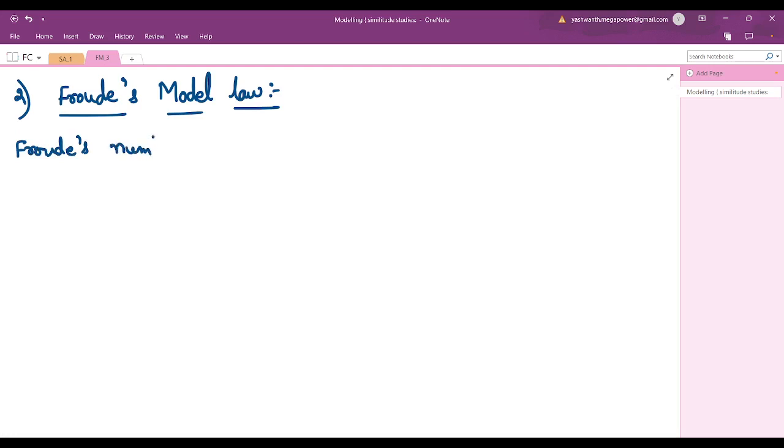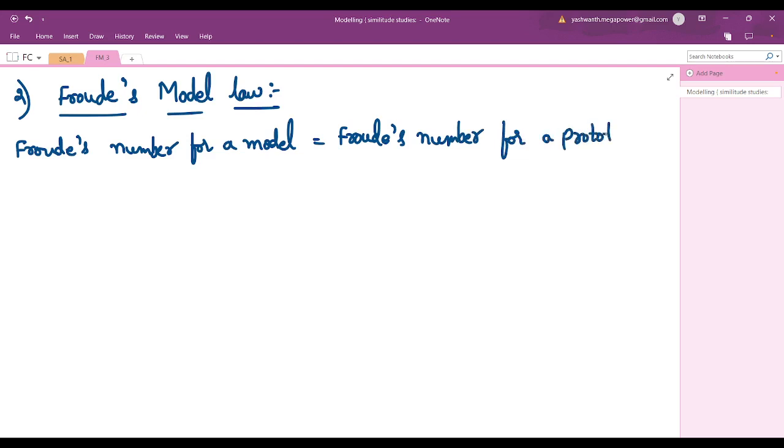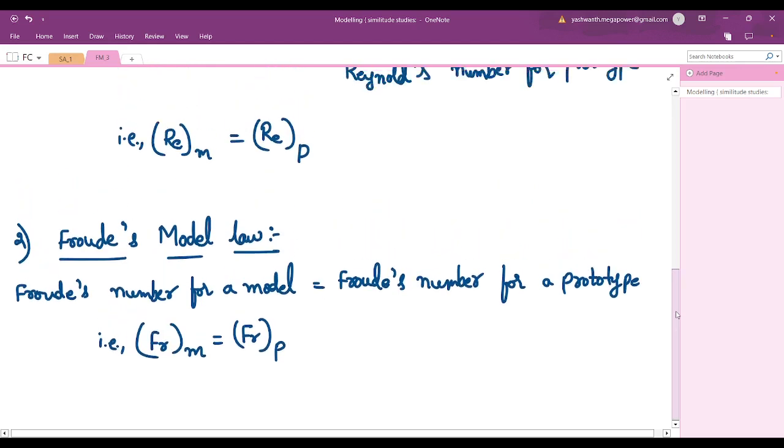Froude's number for a model is equal to Froude's number for a prototype. That is, Froude number for model is equal to Froude number for prototype. So these two are the model laws we use in our course.